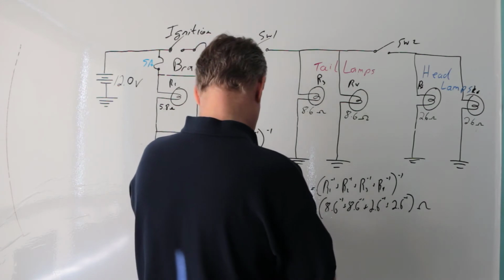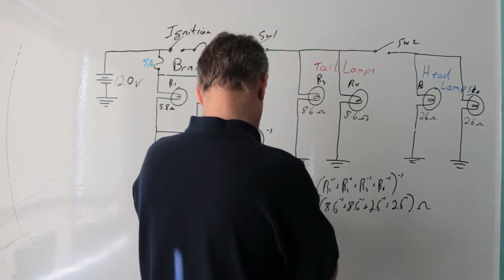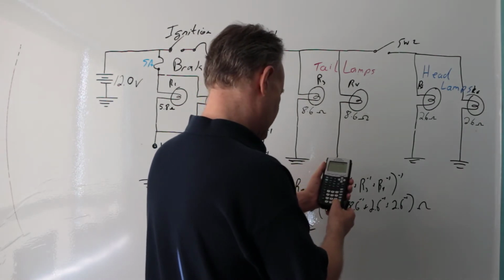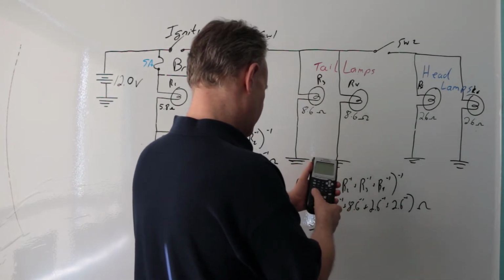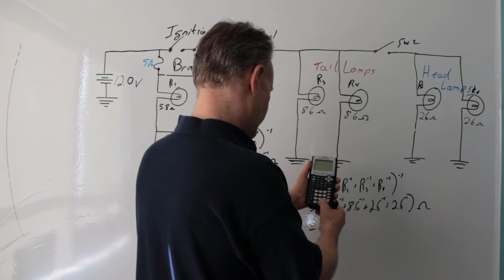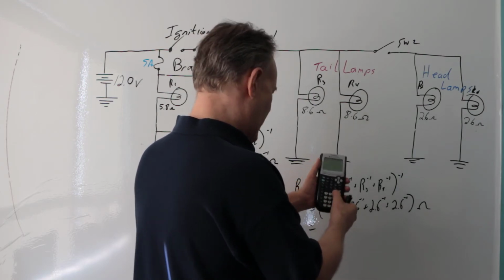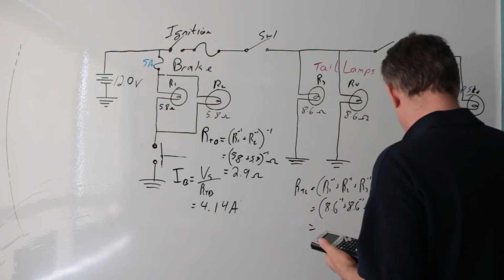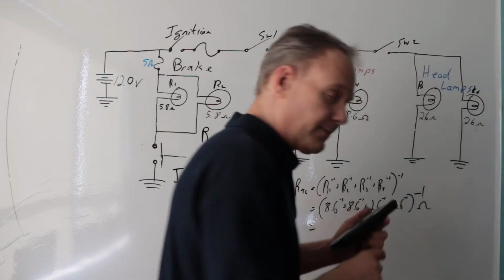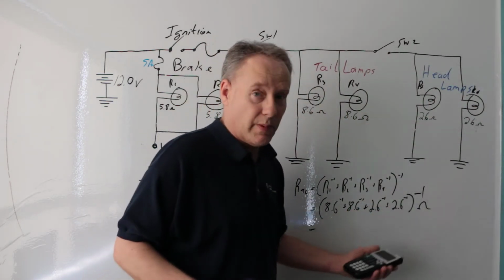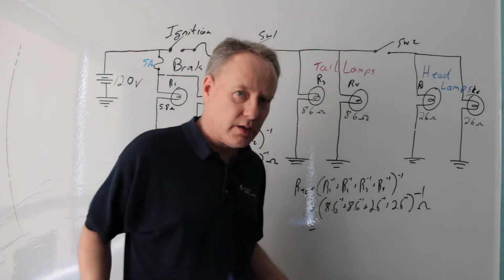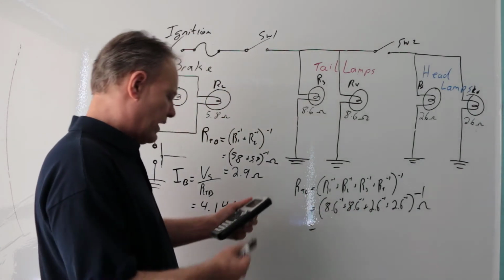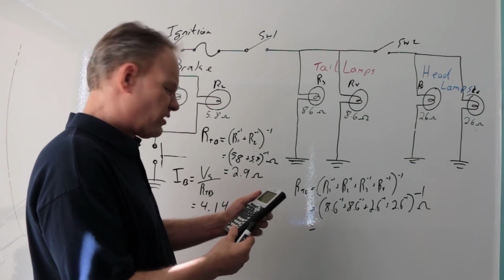So in this case, 8.6 to the negative 1 plus 8.6 to the negative 1 plus 2.6 to the negative 1 plus 2.6 to the negative 1, bracket negative 1. I actually did that by mistake. Step back. Okay, good. So here we go. Now that answer is, oh, it's the same answer.